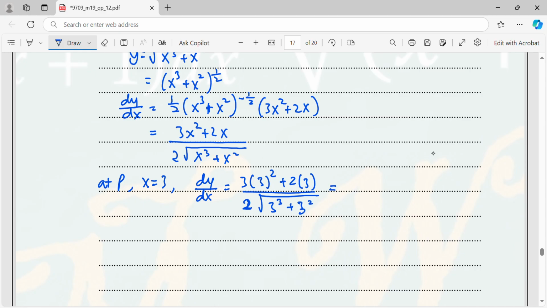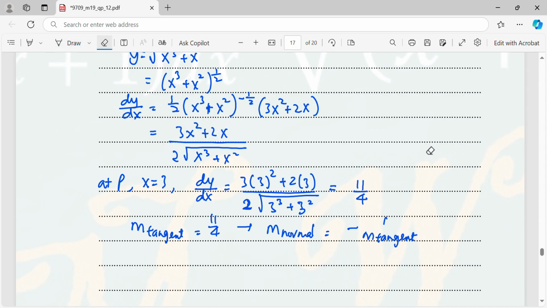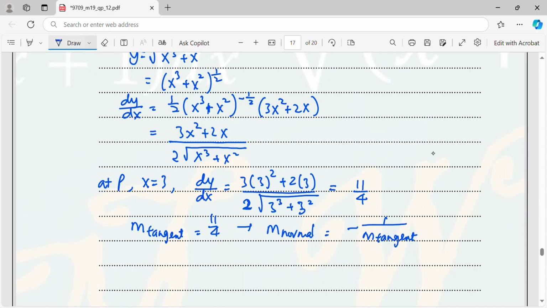So this is going to be 11 over 4. That means gradient of tangent equals 11 over 4. So gradient of normal is basically negative 1 over gradient of tangent because they are perpendicular to each other. So gradient of tangent times gradient of normal is minus 1. That means now here is negative 1 over 11 over 4. That is going to be negative 4 over 11.